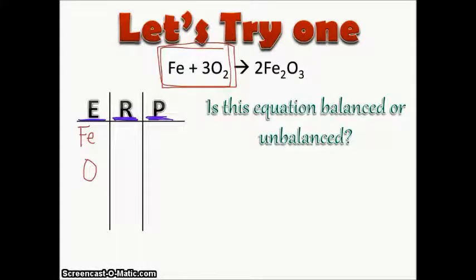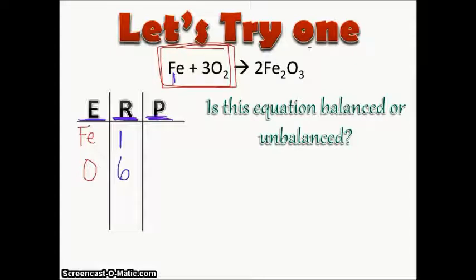So in the reactant side of this equation, I have one atom of iron, so I'll put a 1. In the reactant side, I also have, if you multiply these out, 3O2. So oxygen has a 2 for a subscript, and then a 3 for a coefficient, which gives me a total of 6 in the reactant.